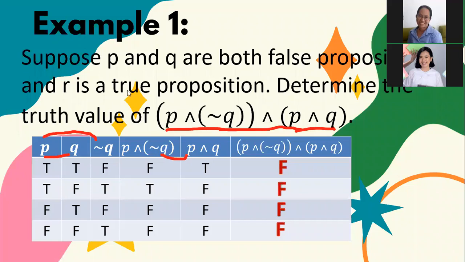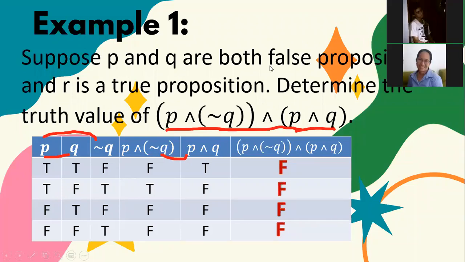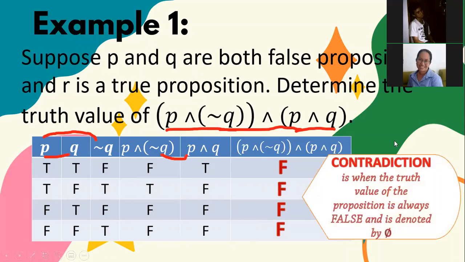Anyone? Opo, ma'am. Okay. So if the truth values of the given propositions are all false, then ang tawag po natin doon is a contradiction. Contradiction or fallacy, kasi false di ba?